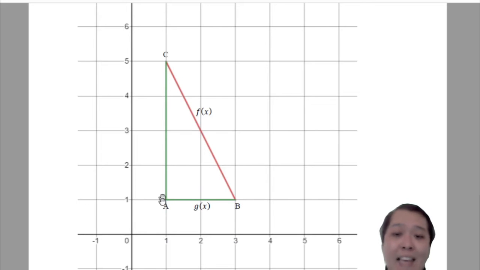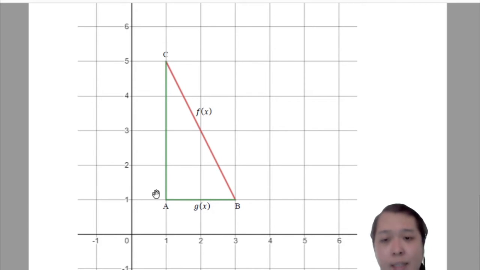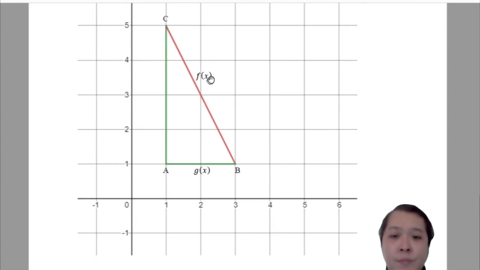What about side AC here? We do not need functions for side AC because we will use the interval of integration. To be more precise, side AC will be the lower limit of the integration.